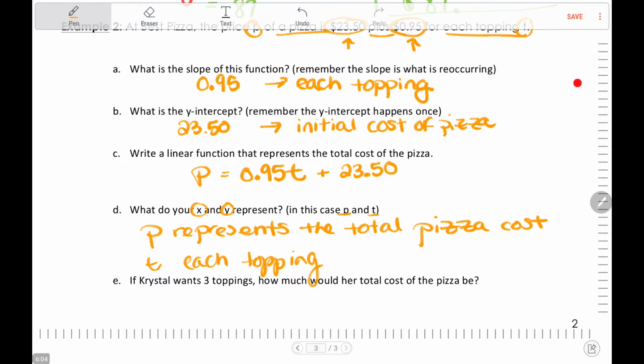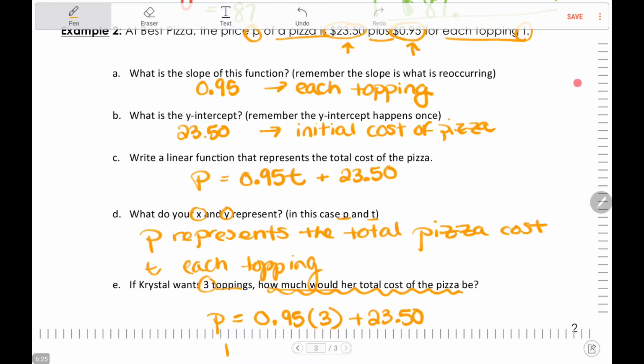Okay, so if Crystal wants 3 toppings, how much would her total cost be? Right, so again, we can substitute in for T because that's how many toppings. Oh, I'm running out of room.